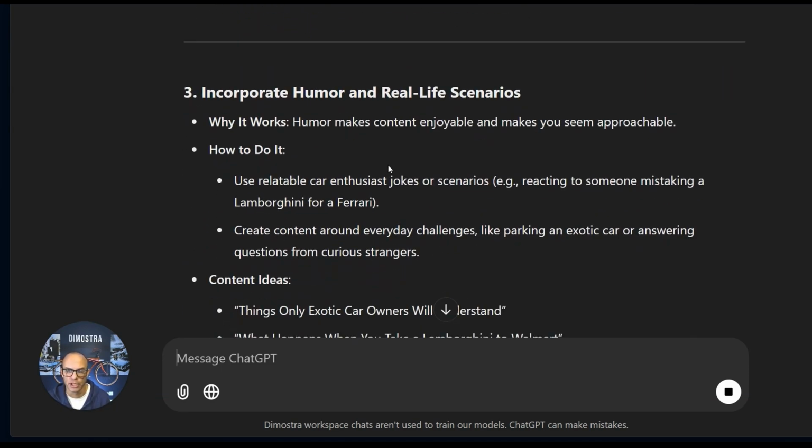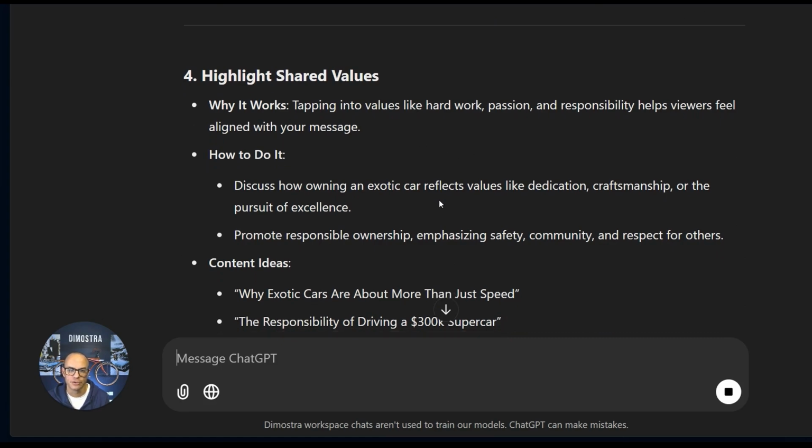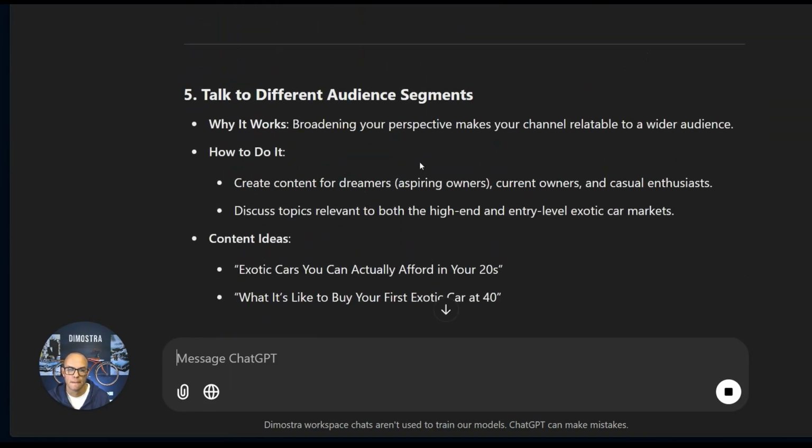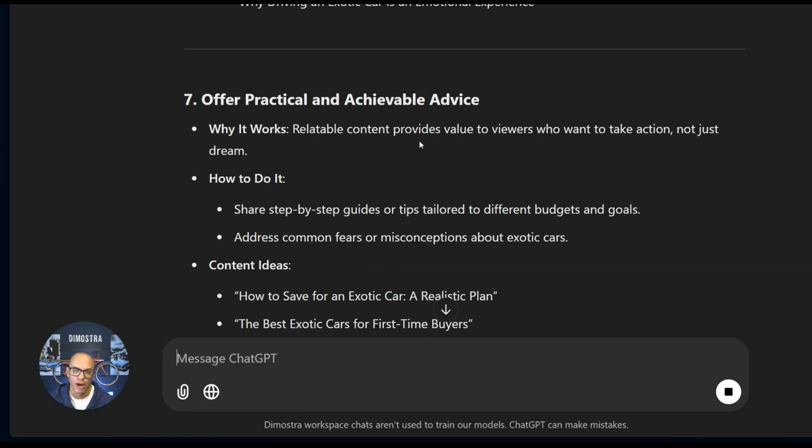Incorporate humor in real-life scenarios. Highlight shared values. Talk to different audience segments. Focus on emotional connection. Offer practical and achievable advice.